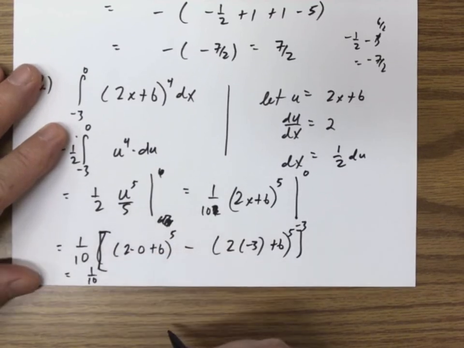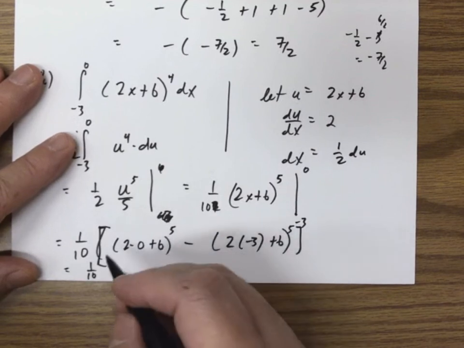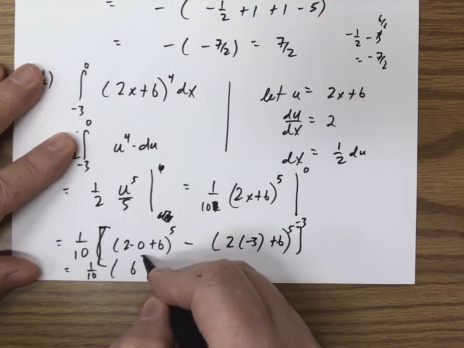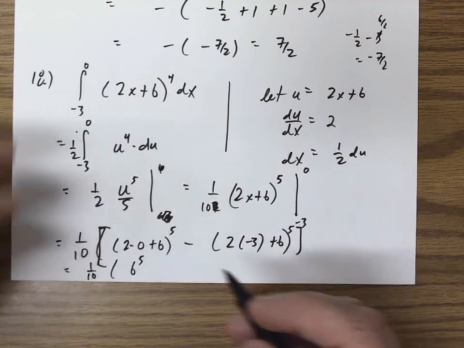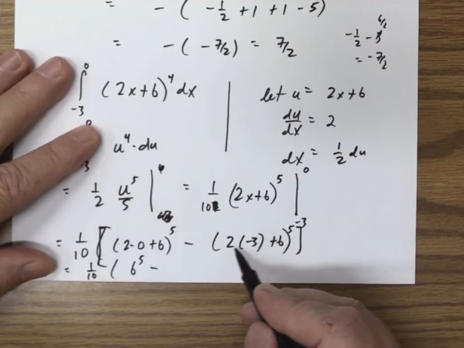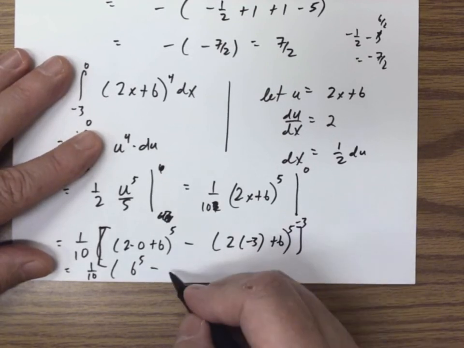So if I can fit this in, 2 times 0 is 0, so it's like 6 to the 5th. Minus, this is negative 6, plus 6, looks like 0.